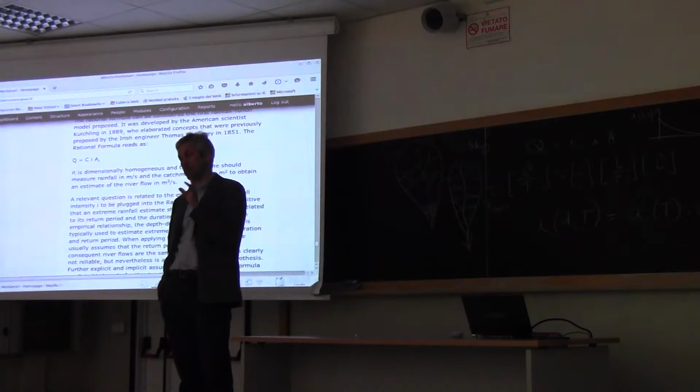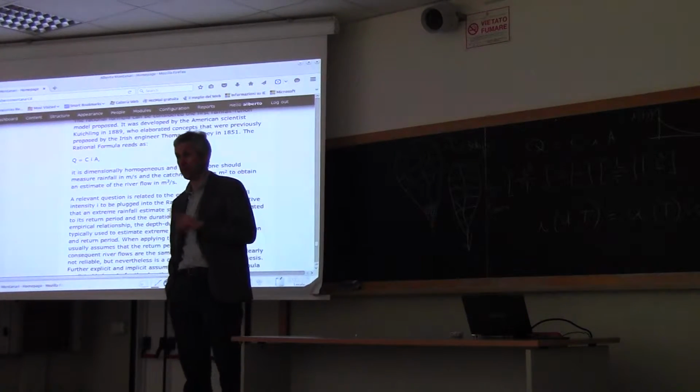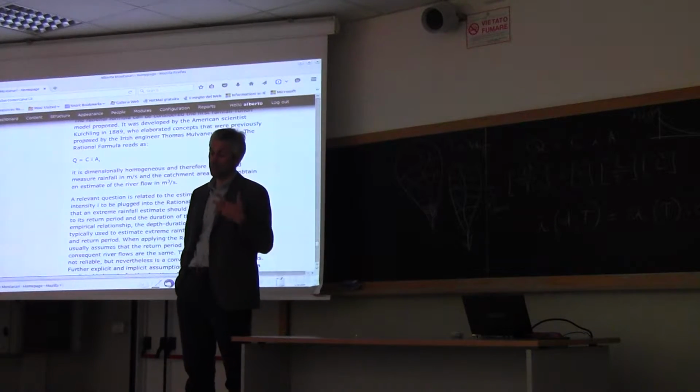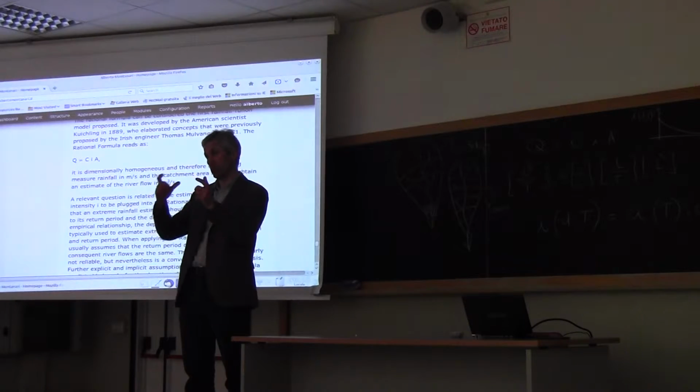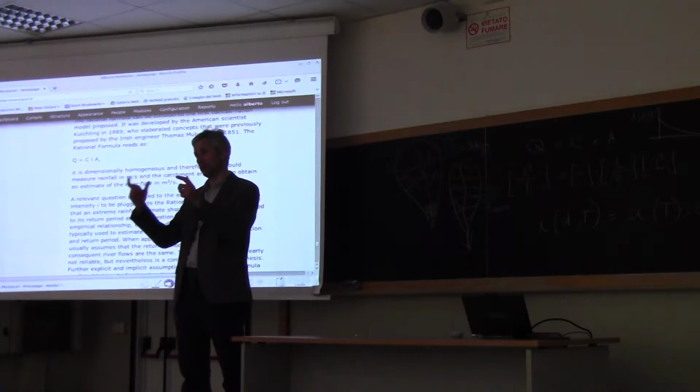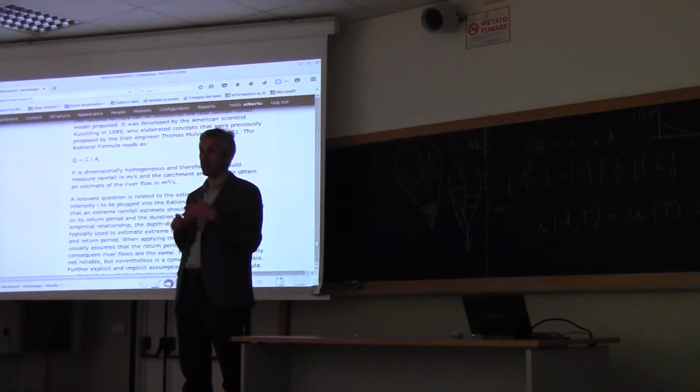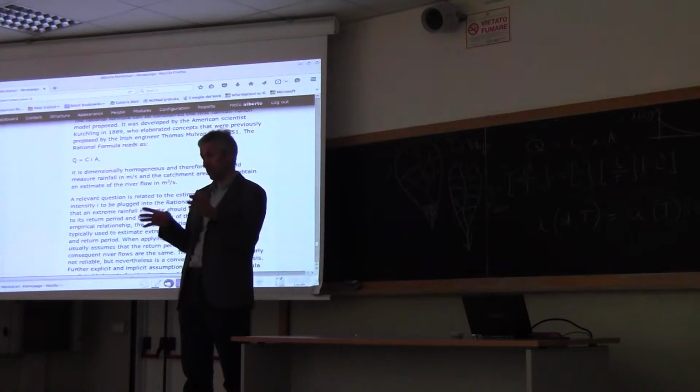Because, we didn't discuss this issue, but the river flow cannot be measured actually. We can measure the water level, and then there is a conversion curve between water level and river flow, which is called the rating curve, to be used. And therefore, even in the measurement of the river flow, there is uncertainty.